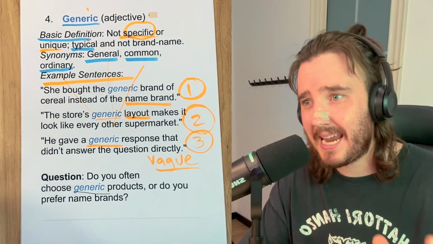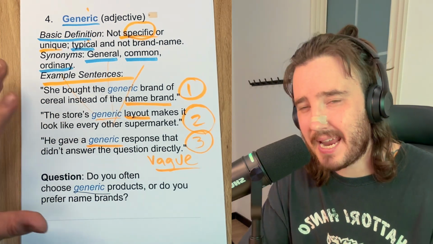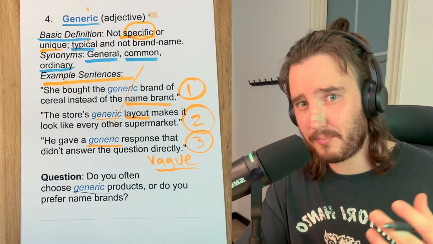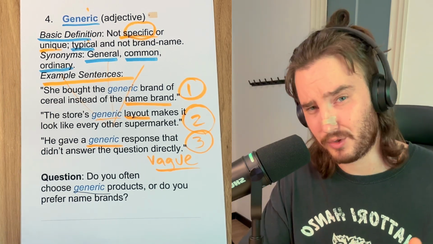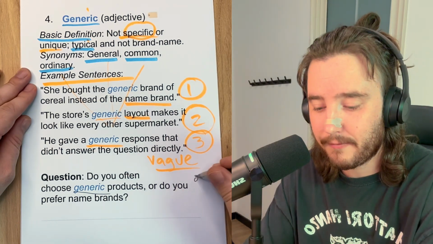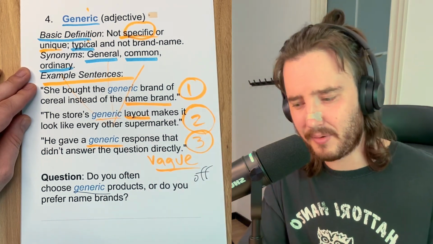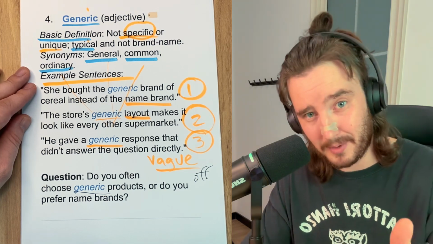I wanted a name brand soda, a name brand snack, a name brand cereal or breakfast or whatever, right? She wouldn't let us buy it because it was more expensive. Instead, we had to buy the off-brand or the generic brand, right? Not the name brand. What about you guys?